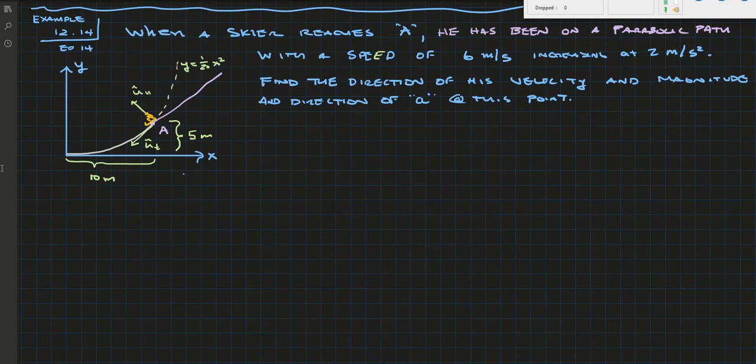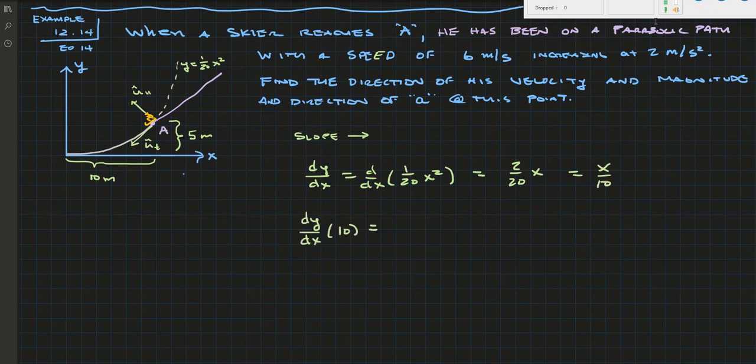So the slope essentially is dy/dx, which is the derivative with respect to x of 1 over 20 x squared. So we're looking at 2 over 20 x equals x over 10.